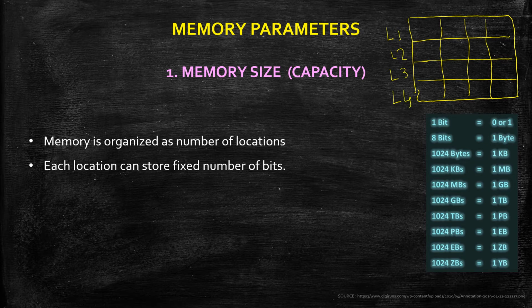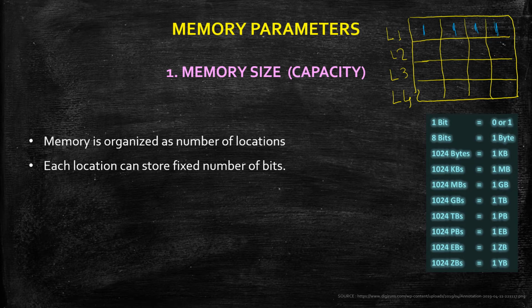Each location can store a fixed number of bits. In total how many locations do we have? 4, and each location can store a fixed number of bits. Based on the organization, here you can see that I can store 4 bits in each location, 1, 2, 3 and 4.